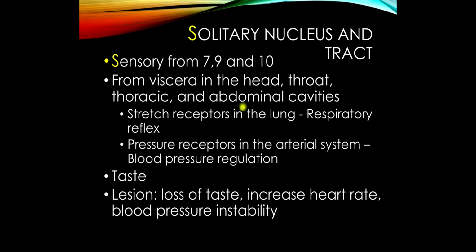What we're going to really emphasize here is that it gets stretch receptors from the lung and also from the arterial system, like the carotid sinus receptors and the receptors in the aortic arch. This performs an important part of the baroreceptor reflex, which we're going to talk about in just a minute. It also is sensation for taste.